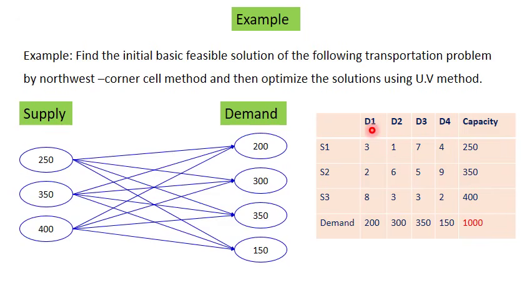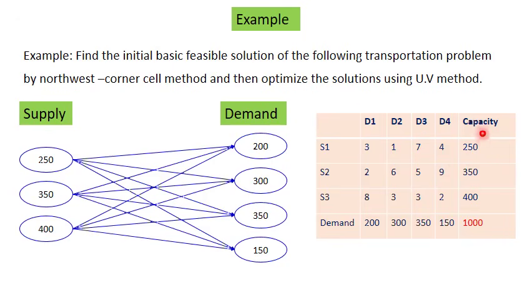As you see, when we express this graphical representation with a table, in order to take our supply to the demand side, the cost between S1 and D1 is 3. The cost between S1 and D2 is 1. The cost between S1 and D3 is 7. This number indicates the cost of transportation between the supply and demand side.